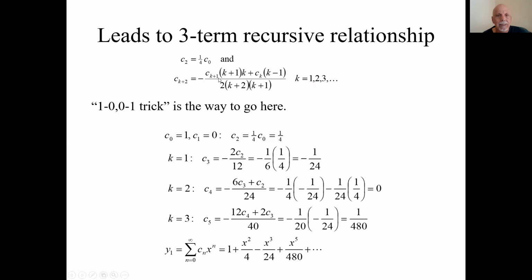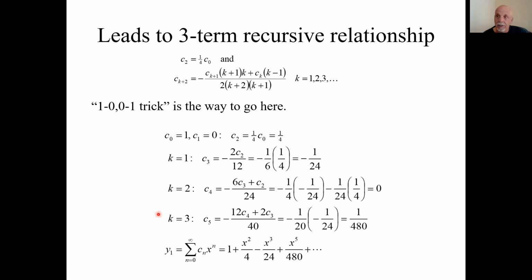That equals minus c sub 2 times 2 times 1, plus c sub 1, which is 0 here, divided by 2 times 3 times 2. But c2 equals 1/4. Put that all together, there's our c sub 3 term.